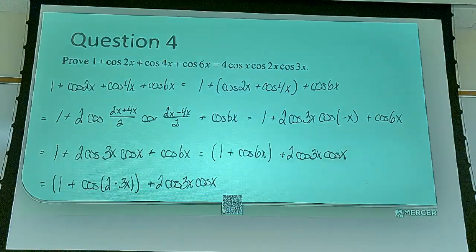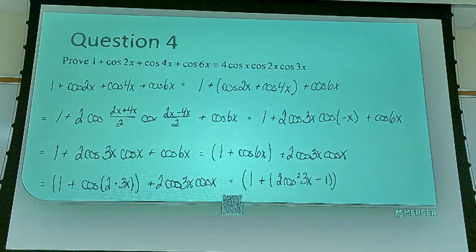I'm going to use the 2 cosine squared of theta minus 1, because you get 1 minus 1 out of that.